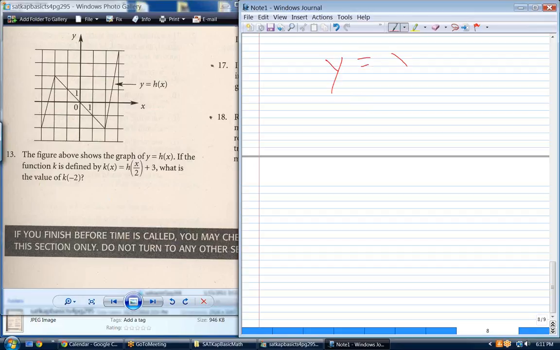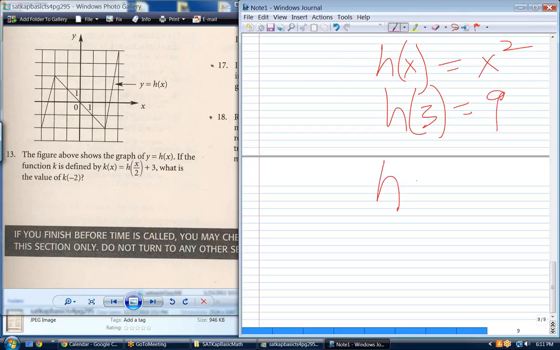Y is equal to x squared. No, here, let's see. Y is equal to h of x and k of x. Now hold on, I'm trying to think of how I want to explain this. Let's say h of x is equal to x squared. What is h of 3 equal to? 3 squared. 9.